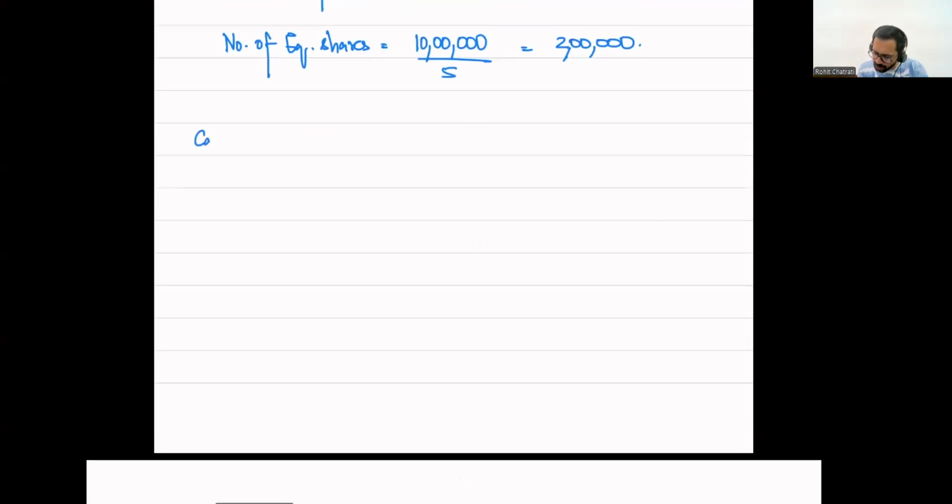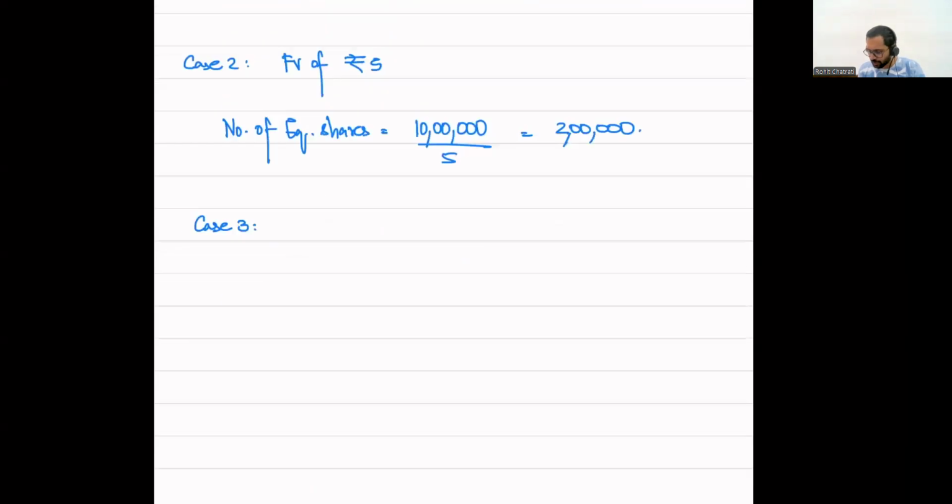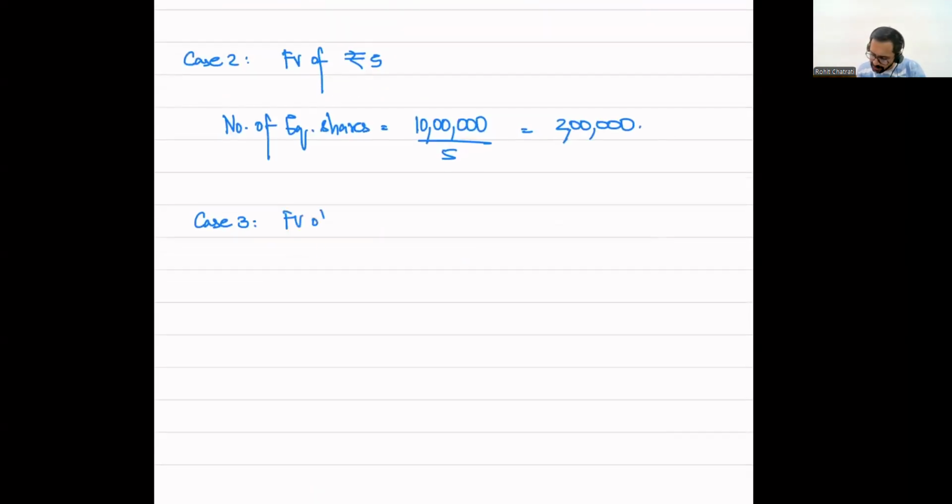Case 3, we also took a case where fair value is equal to rupees 50, and in that case the number of equity shares to be issued was 20,000.